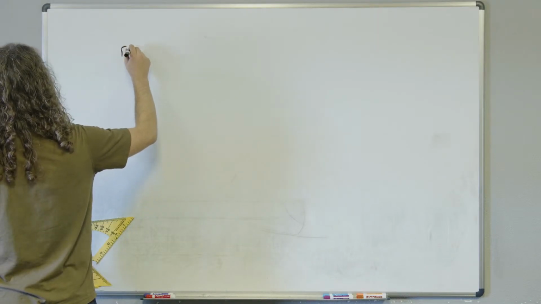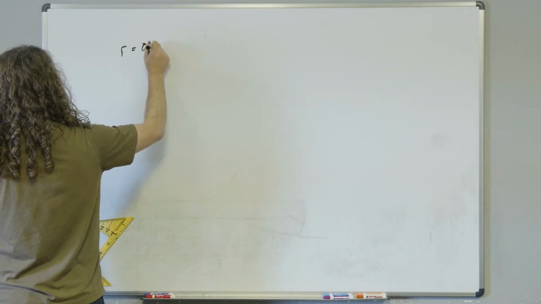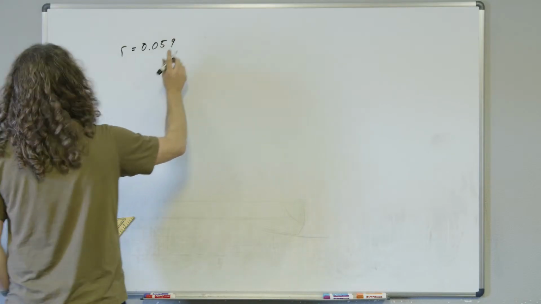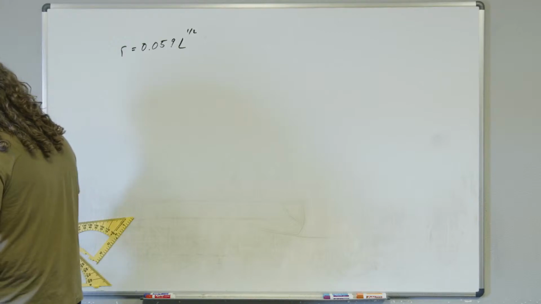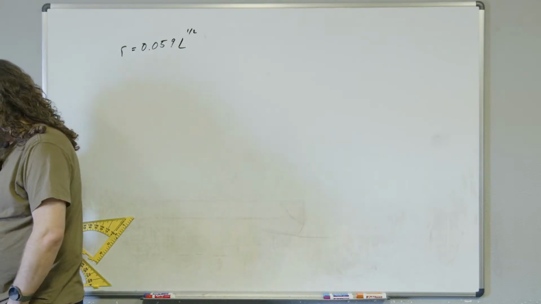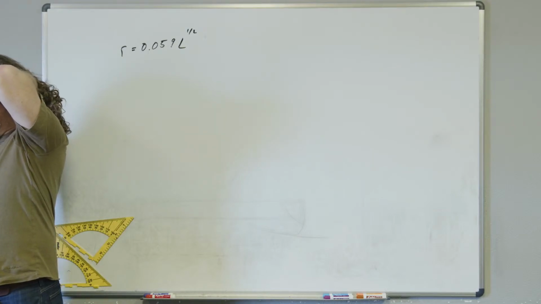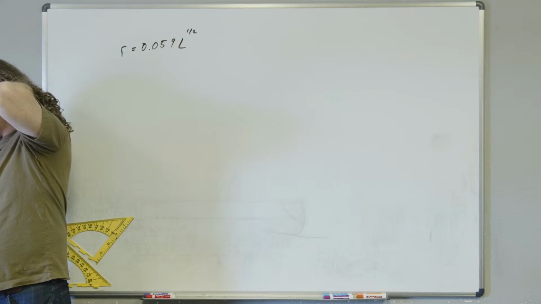R equals 0.059 L to the 1/2. So it says the radius of platinum wires L centimeters long with resistance 0.1 ohm. How long is a wire with radius R?